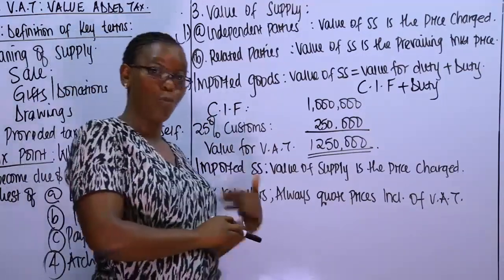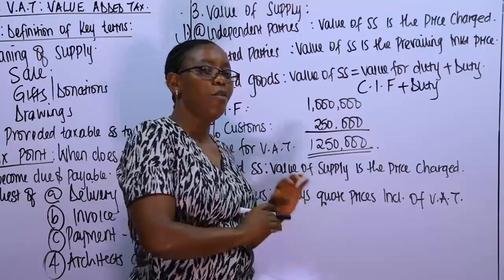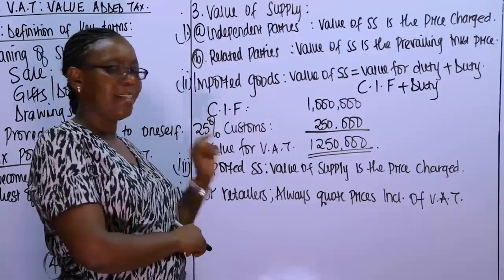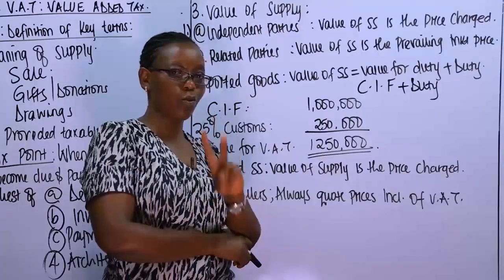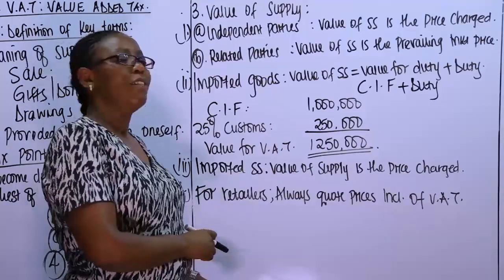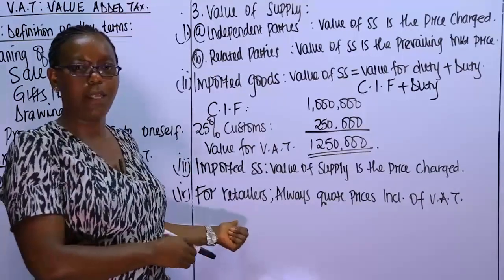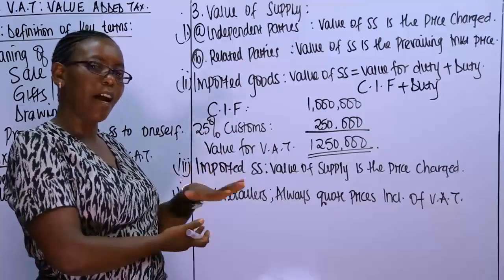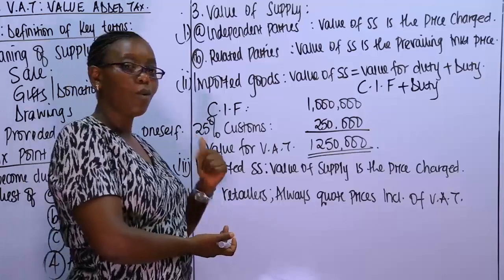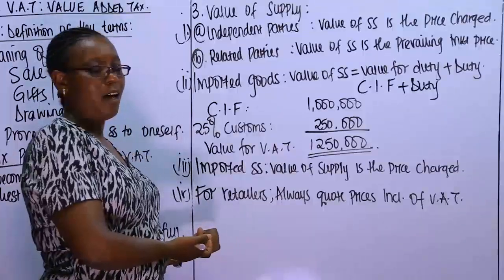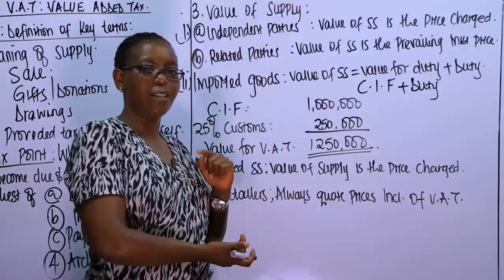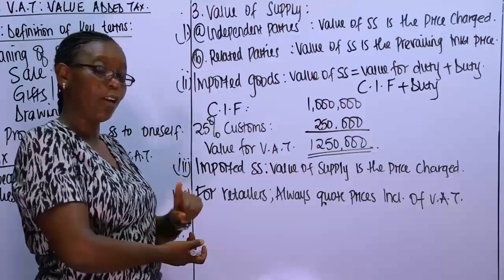Now, if you flash back to the introduction for VAT, we said that the impact and the incidence of VAT are on two different persons. For whatever goods are being sold by the retailer, the impact, the first point of contact between VAT and the person, is on the manufacturer. Then the final resting place, the person who bears the money burden of taxation for VAT purposes, is the final consumer.